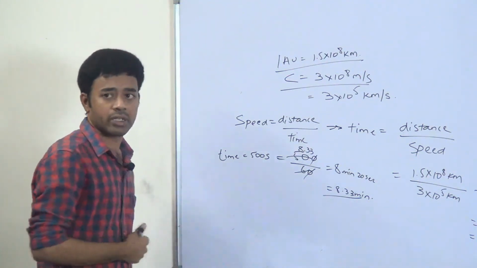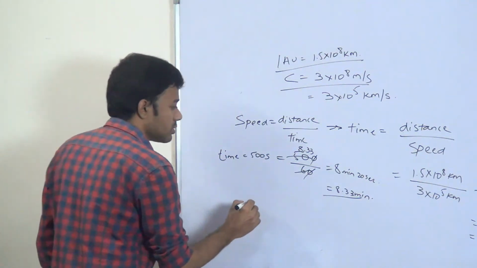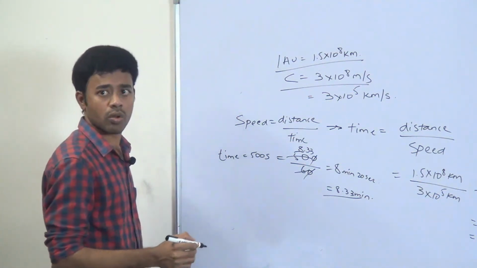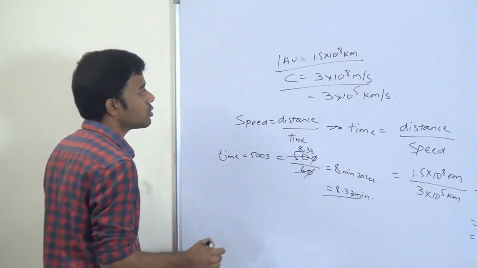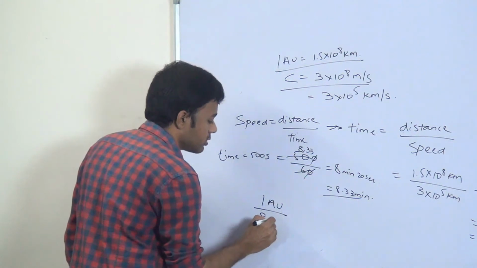So for the speed in terms of distance by time: to travel 1 astronomical unit, it takes 8.33 minutes.